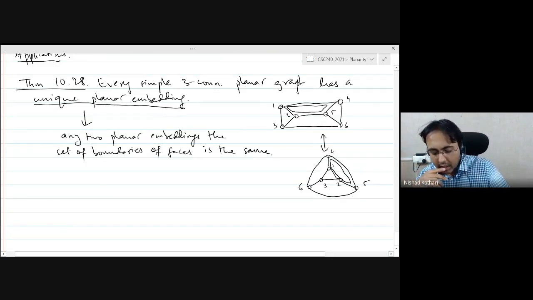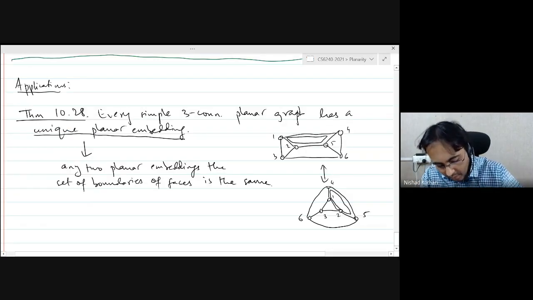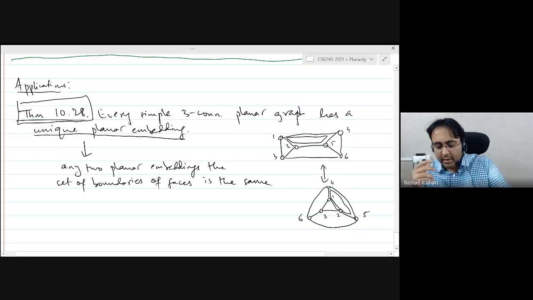All right, so how does one prove such a result? How can we prove that in any two drawings, the face boundaries are the same? It's not immediately clear. But I want to remind you of something else that we proved, which also has this sort of mystical flavor.